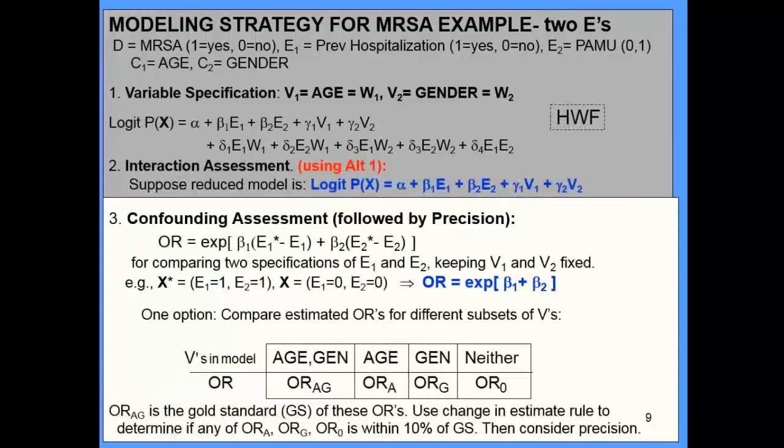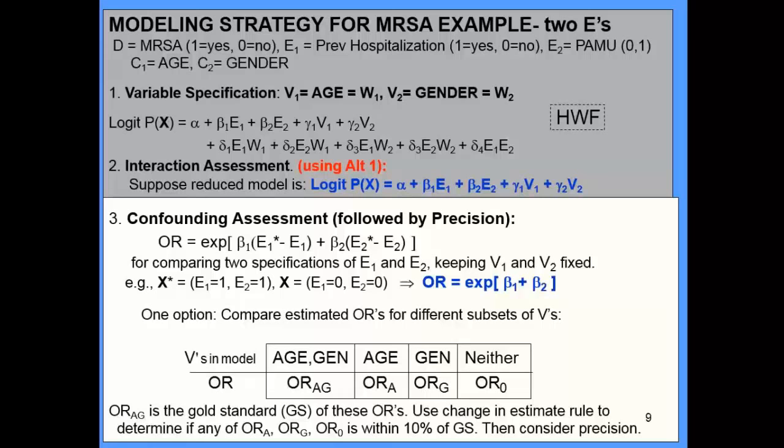Look at this. Now, there are 2 E's, E1 and E2. They're like 2 different variables. One of them is previous hospitalization, the other is previous antimicrobial drug use. I mean, they're 2 different variables. Okay, so suppose we say, well, look, if we're going to consider the fact that we have 2 E's, what about somebody who on one E has a certain value, and on the other E has a certain value.